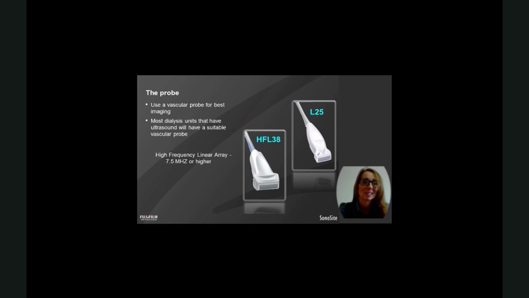The bigger it looks, the easier it is to follow. Most dialysis units would already have a suitable ultrasound with a vascular probe, but it really does need to be a high frequency linear array, 7.5 megahertz or higher. I usually just make sure I speak to the reps if I'm ordering one and let them know what I'm using it for, so that I get the correct probe and the correct software.